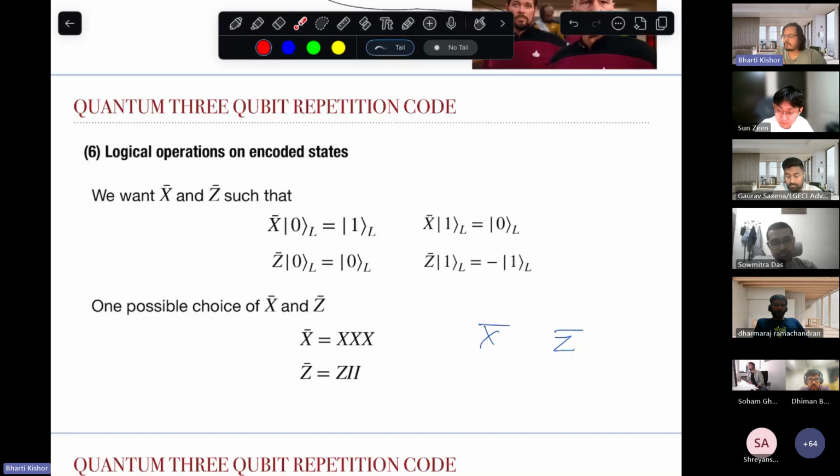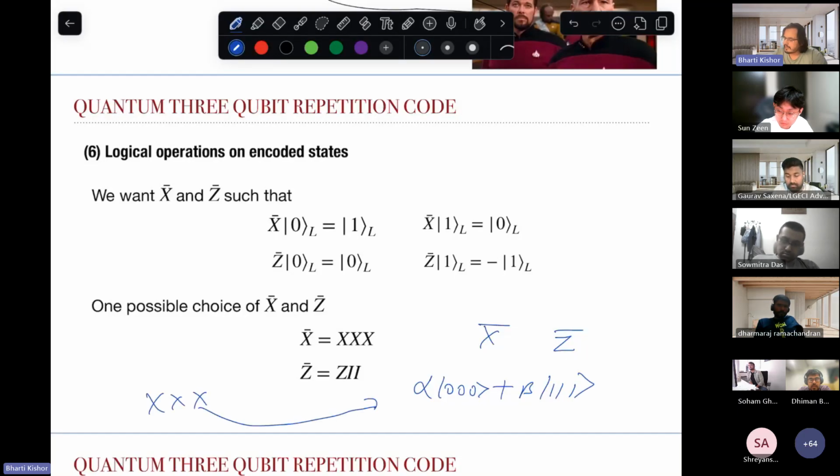So one possible choice of such an X operator is XXX, because in our encoding we had alpha 000 plus beta 111. Now if we act with XXX, it will become alpha 111 plus beta 000. So you see that it's like acting through X in the unencoded case here.